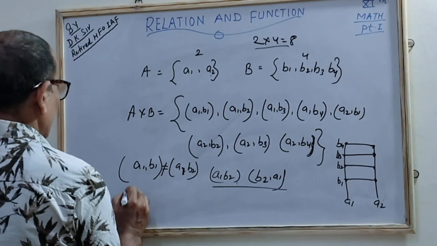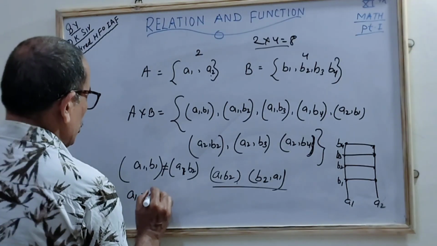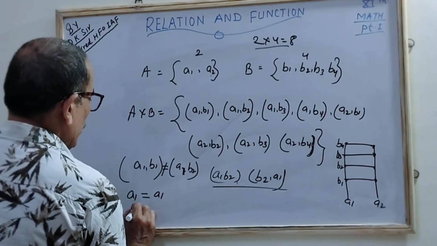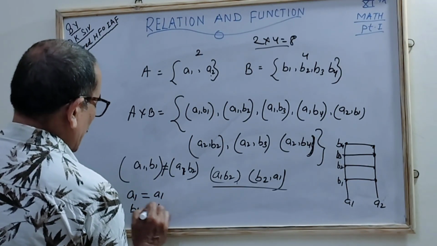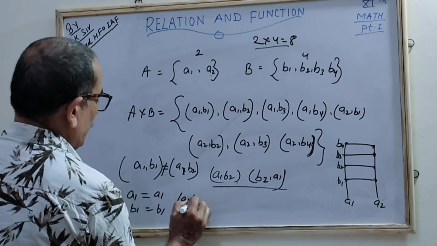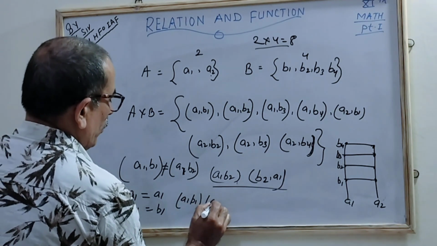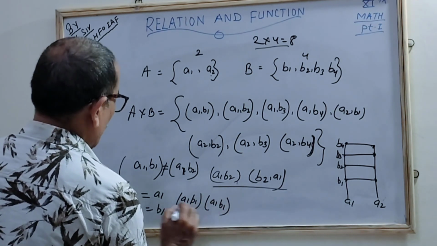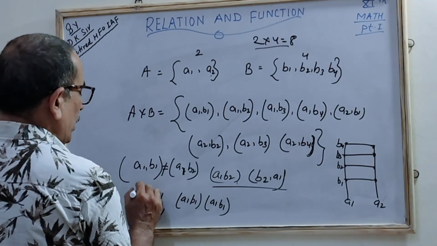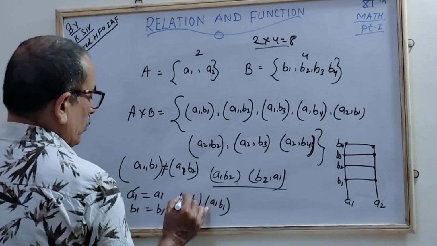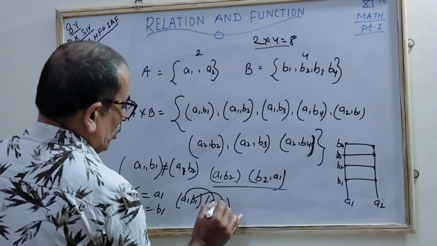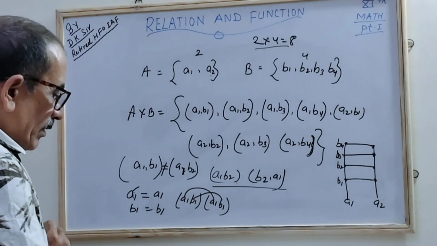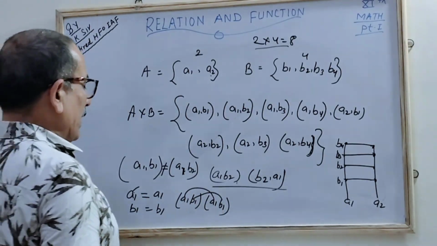But if A1 is equal to A1, correct, and B1 is equal to B1, correct. If it is like that, A1 B1 and A1 B1, then corresponding means the first is equal to first, second is equal to second in the sequence. Then we will say the two ordered pairs are equal.